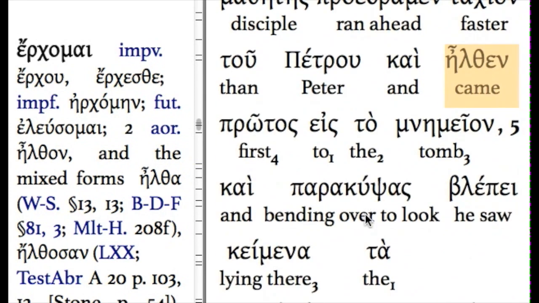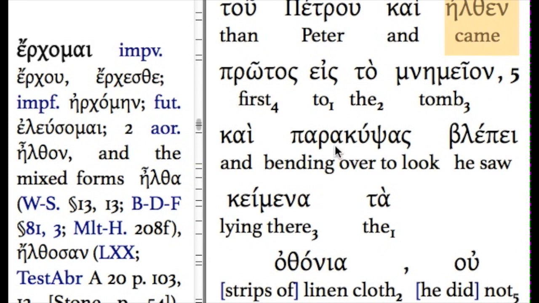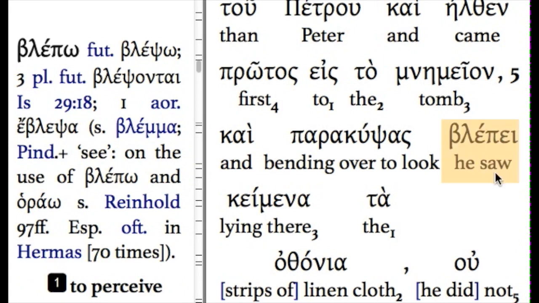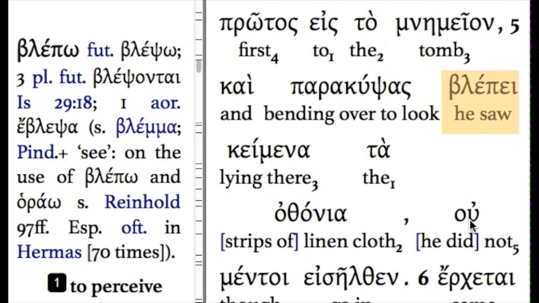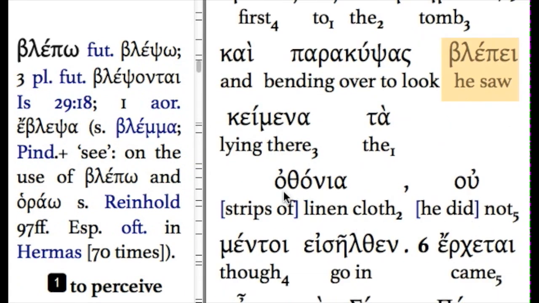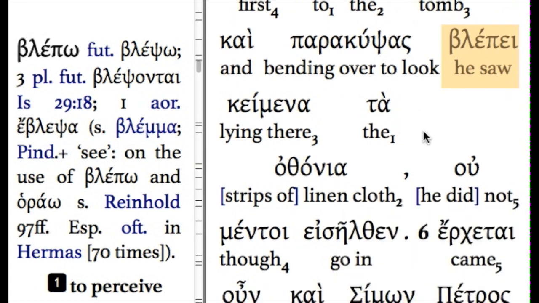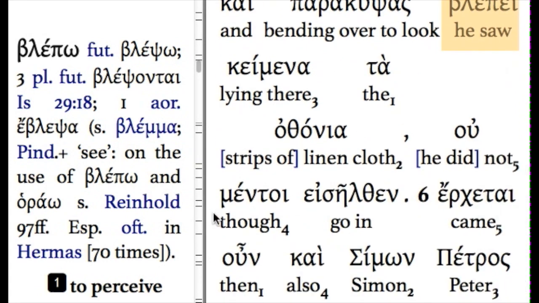So Peter came first to the tomb, eis to mnemeion, kai parakypsas, a participle, blepei, from blepo, right? So blepei, he sees lying there, ta othonia, strips of linen, not mentoi, eiselthen. But he did not, though, go in, eiselthen.